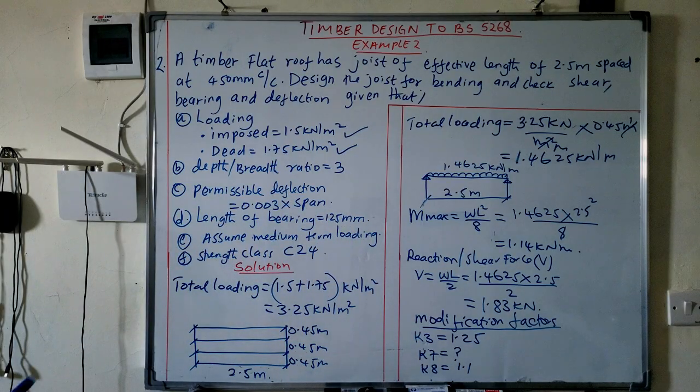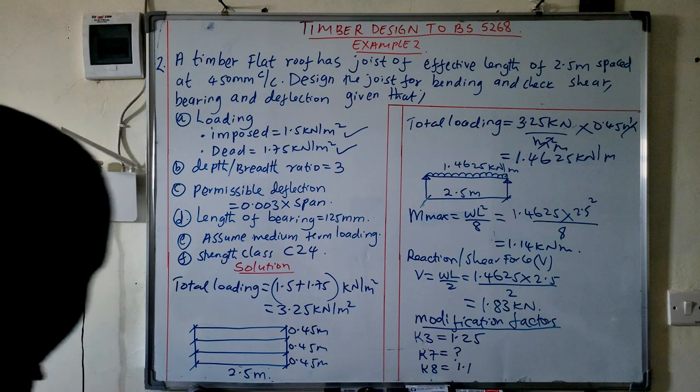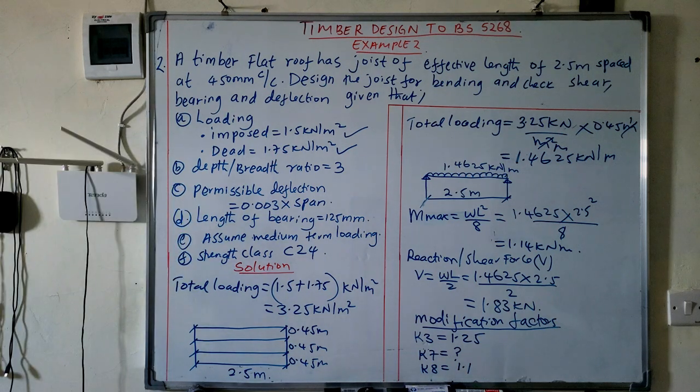Because the spacing, which is 450 millimeter, is below 610. If the spacing is below 610, it means we have the load sharing factor. So for any joist that is placed below 610 millimeter center to center, our K8 is always 1.1.